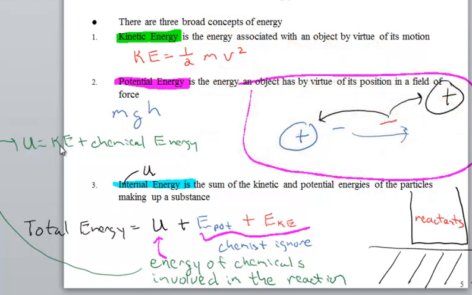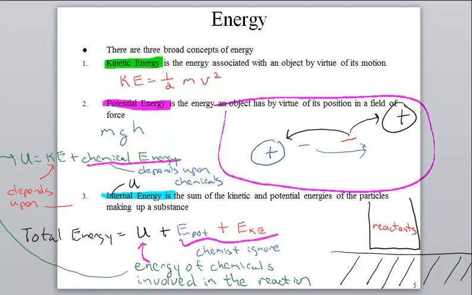By the way, the kinetic energy of those molecules in your beaker depends upon a certain variable. The kinetic energy depends upon the temperature. Temperature is a reflection of how fast they're moving. So as temperature changes, it means the velocity of the molecules is changing, which causes a change in the kinetic energy. So it depends upon T, temperature.